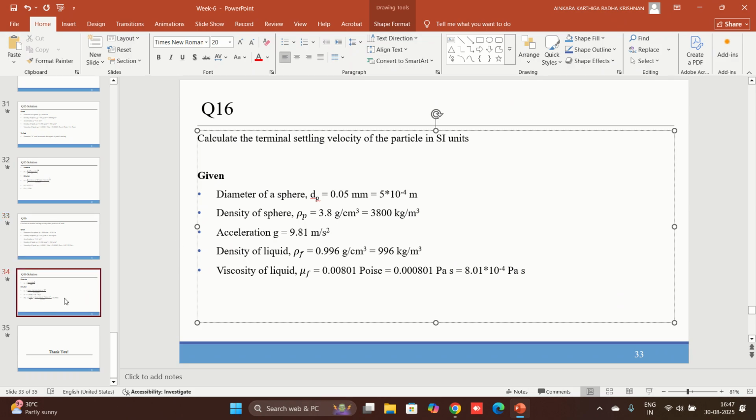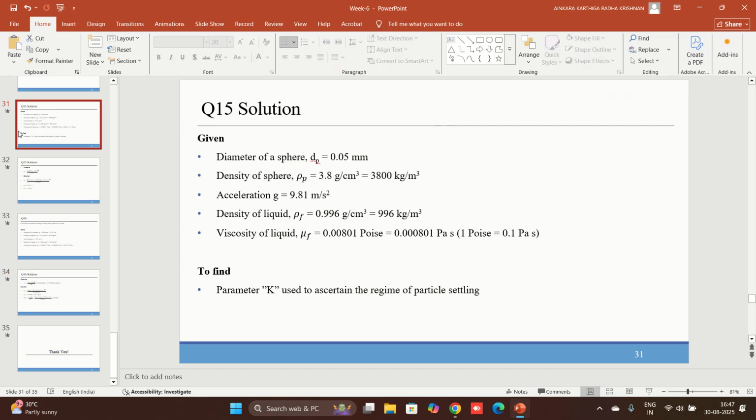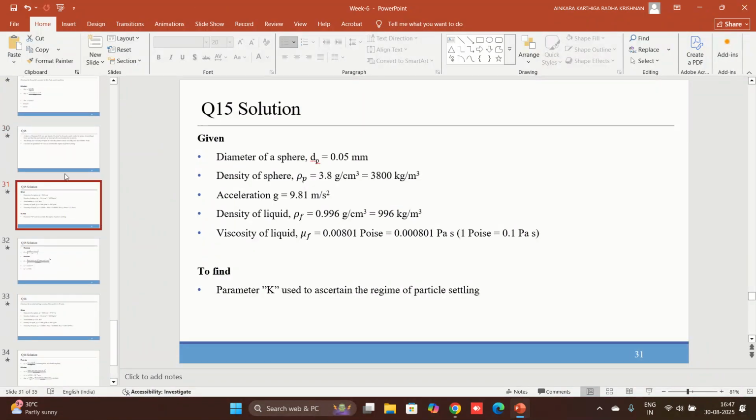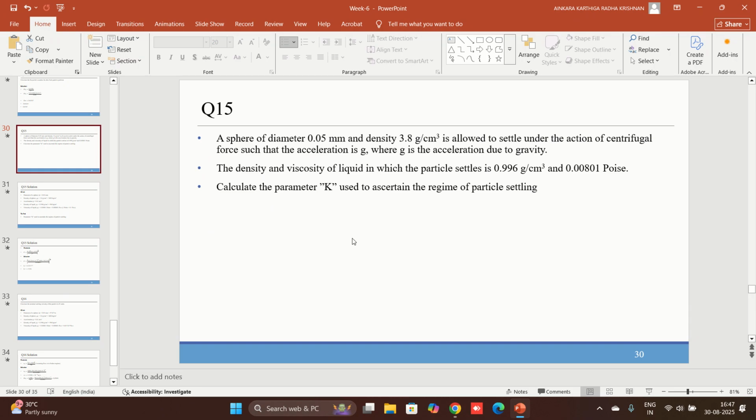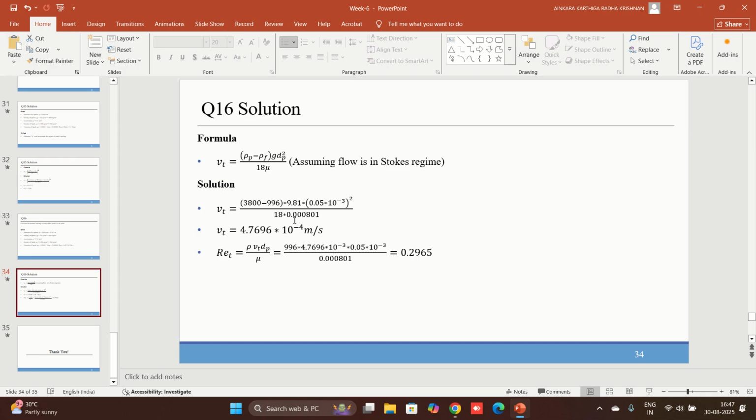Alright, so this was the thing. Now first we are assuming the flow is in the Stokes regime, because we are not sure. It was not given in the question, but with K we can identify the regime of particle settling, but we haven't done that now. We are just assuming the flow is in the Stokes regime, taking the formula and substituting. If it is not, we will go back to the Reynolds regime formula and check with that.